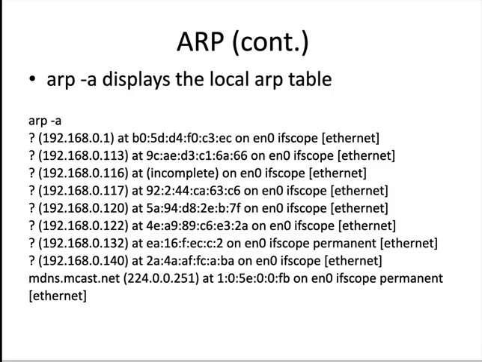And it will record it in the ARP cache, because the likelihood that you communicate with that machine again and again, at least for a little while, is high, so that you don't have to go through the ARP process over and over again. So it will first look in the ARP table to see if it can get an answer, and then if it can't, it will broadcast an ARP request out over the local network.